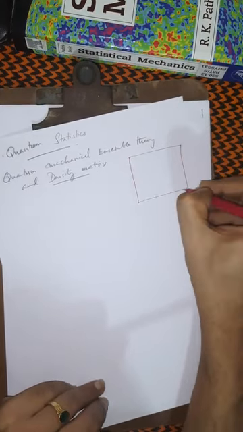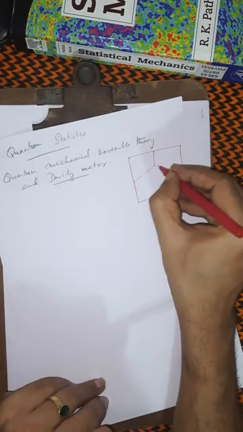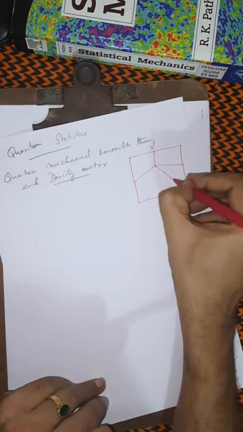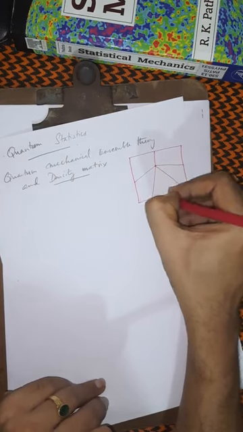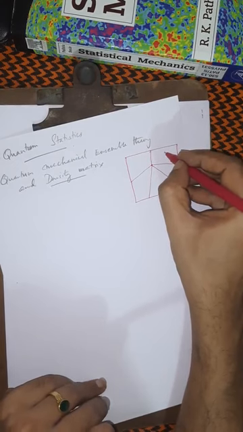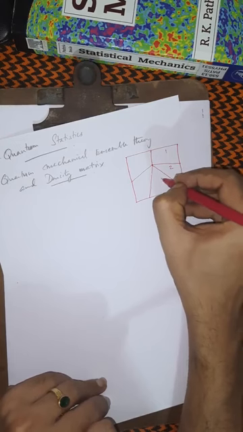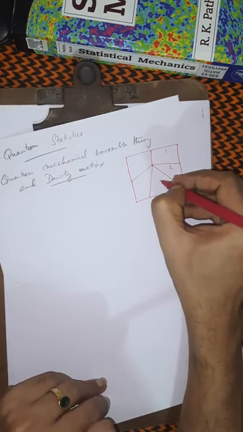Like the normal one we draw normally. So here I have various elements within this ensemble, 1, 2, and so on.